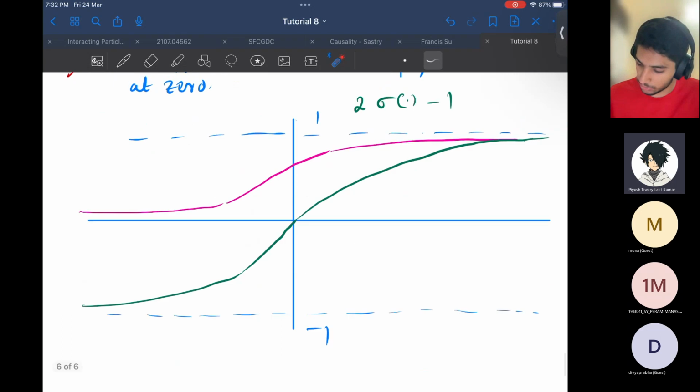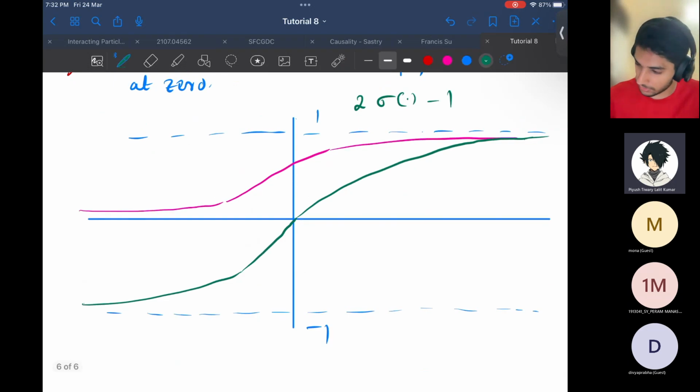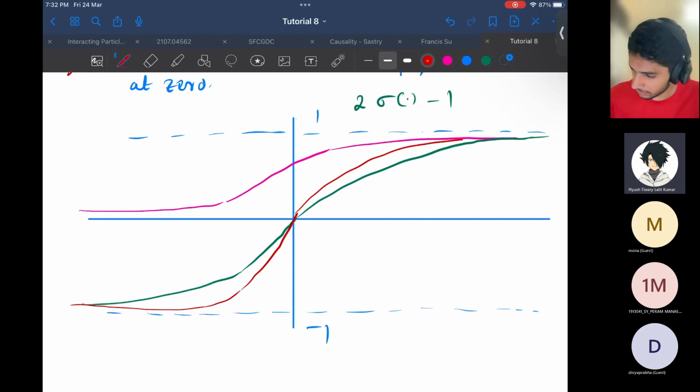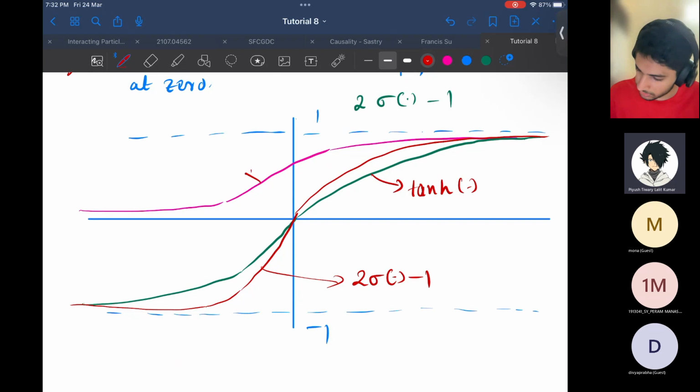If I make an equivalent diagram, it will look something like this. So this red curve is 2 times sigmoid minus 1. This is your tanh, and this is just your simple sigmoid.